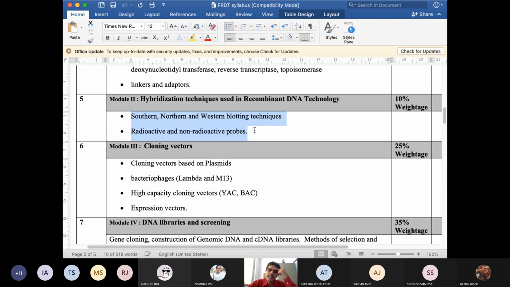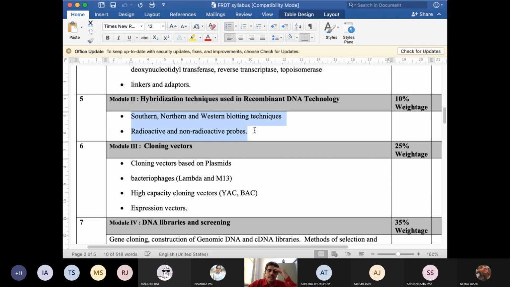One is Southern, the other is Northern, and the third is Western. And if you are going to describe one more technique related to blotting and transfer, where you transfer something other than DNA, RNA, or protein, we may also use the term Eastern for that. So we can utilize all four directions.